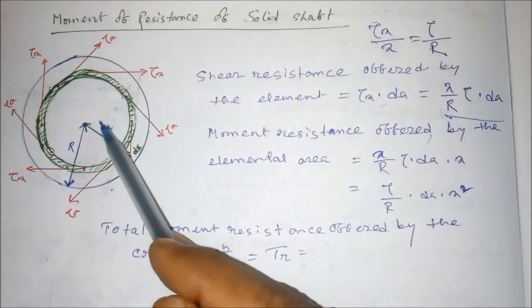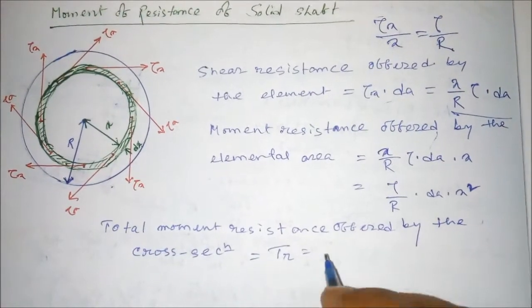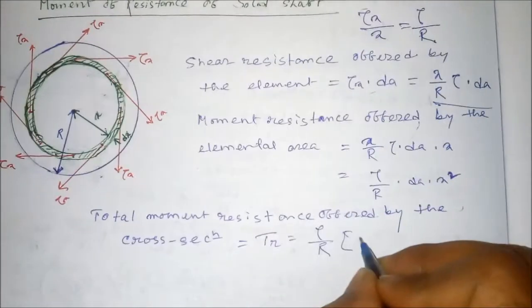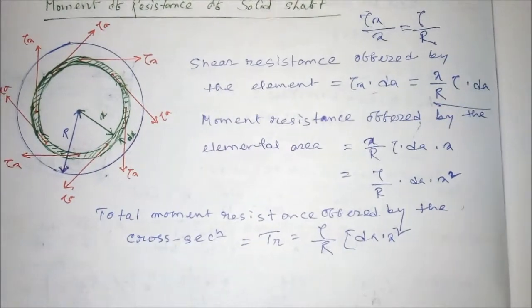If you vary this value from 0 to r, you will get the total value. So we can say tau by r, summation of dA into x square, right?